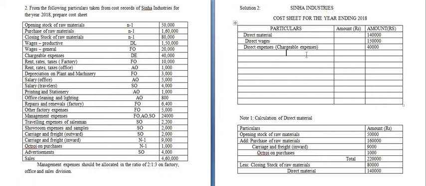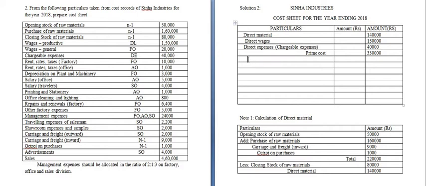Now make a total. This total is called what? Prime cost. This total is called prime cost. So make a total of these three. You will get 3,30,000.